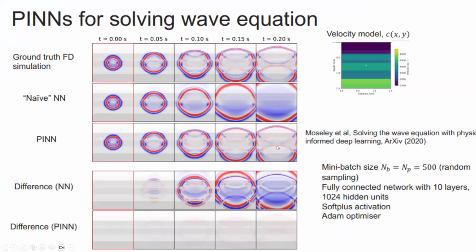This is the paper that they showed. If this is the ground truth, for a normal neural network, if they do the training up to 0.2, that is okay, but then if they use inference, this is what they get. What the PINN essentially does is follow the laws that we get.